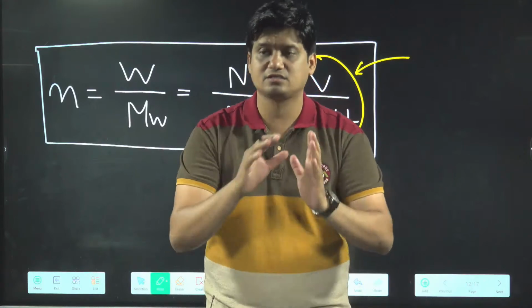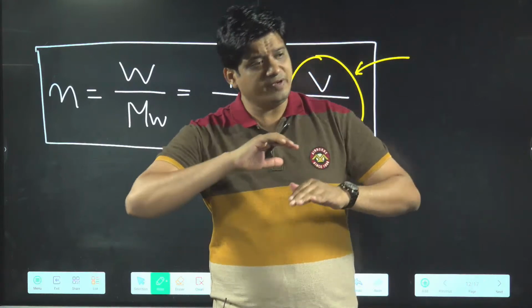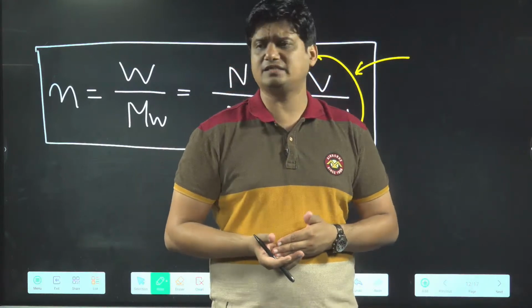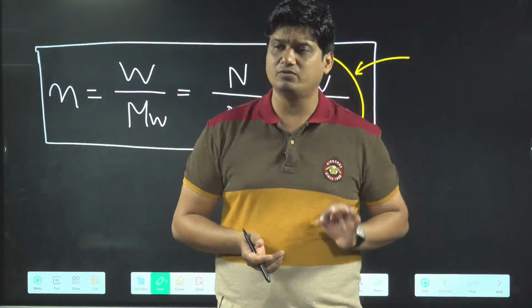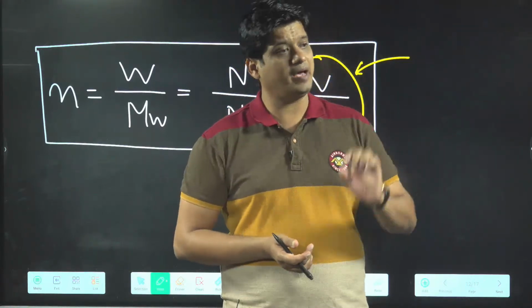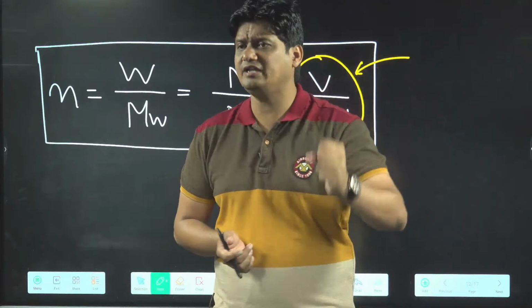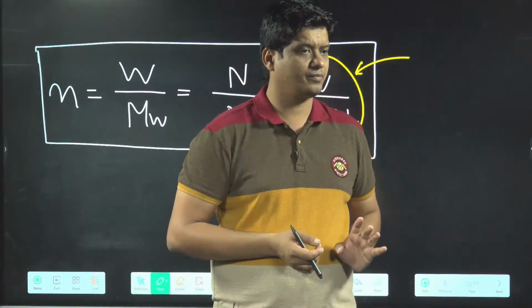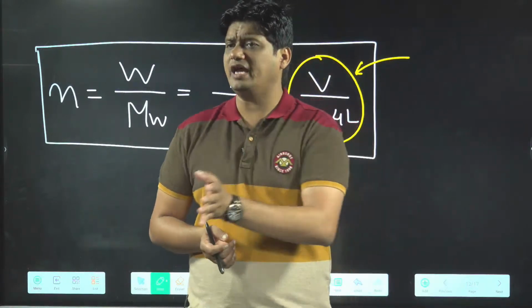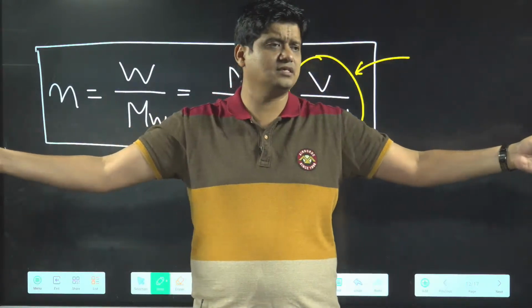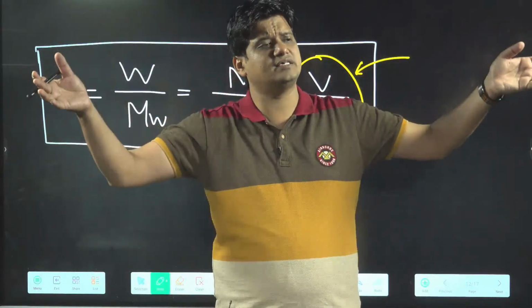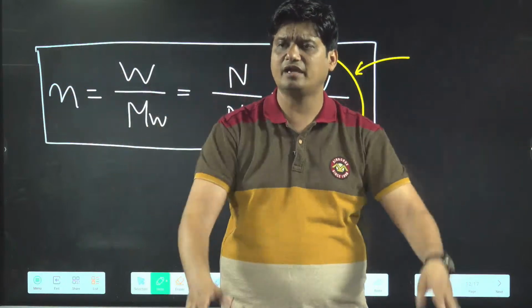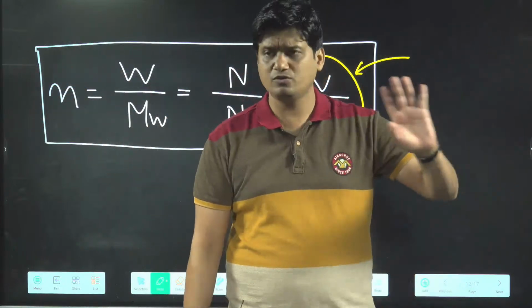If it is changing with respect to gas, we will not get a fixed value. And here we have to take a fixed, well-defined value so that our problem becomes easier. In order to do that, we have considered all the gases as an ideal gas. Is it clear to you?